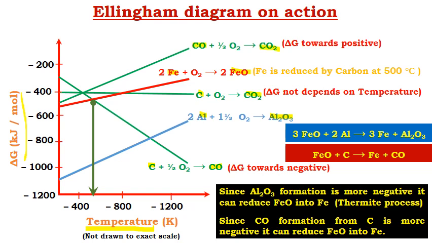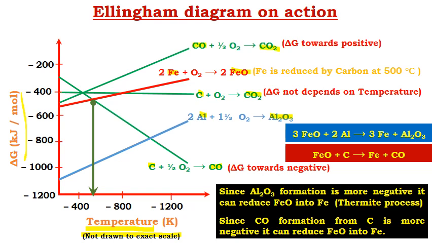All the delta G values are negative. Of course, I have not drawn this graph to the exact scale. I have given a representative scale only.